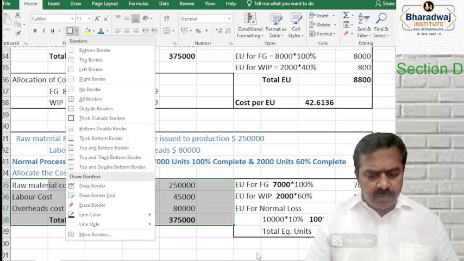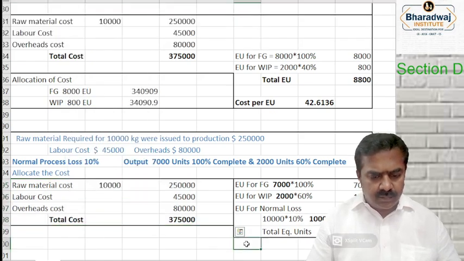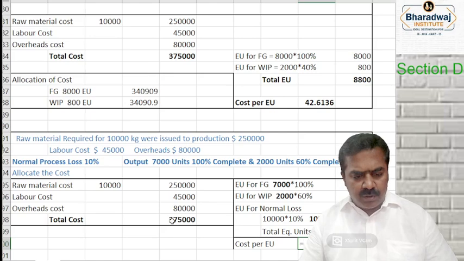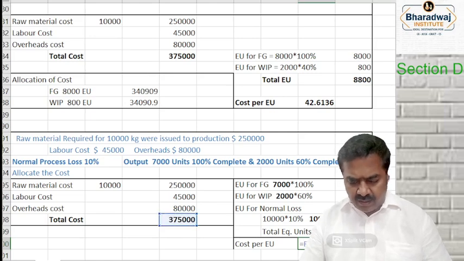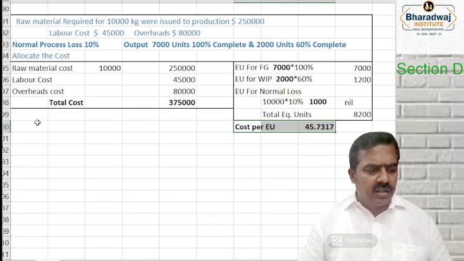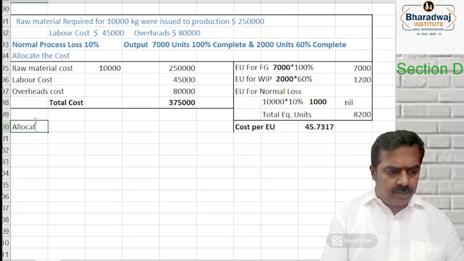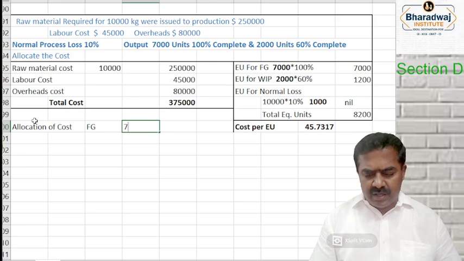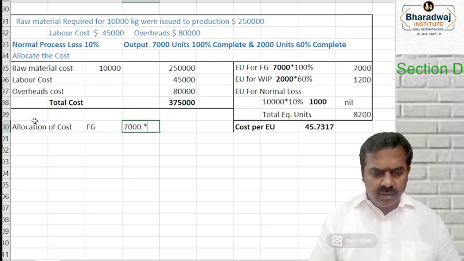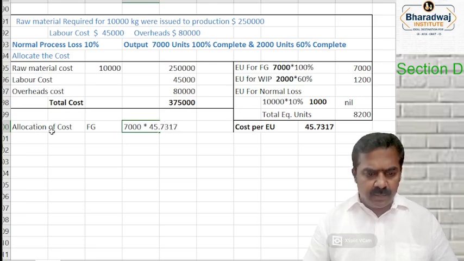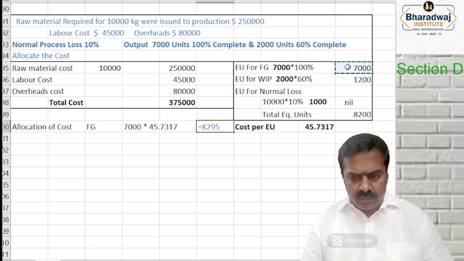We can work out the cost per equivalent unit now. How to work it out? 3,75,000 divided by 8,200. This will give us the cost per equivalent unit. Now we can allocate the cost. For the finished goods inventory, 7,000 equivalent units into 45.7317.